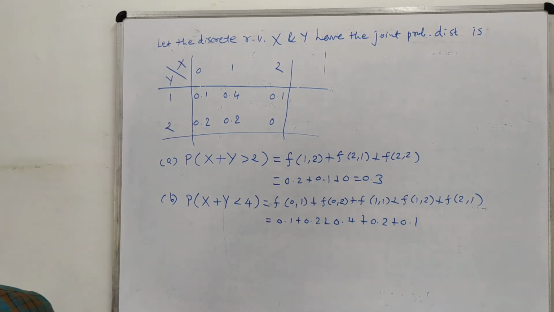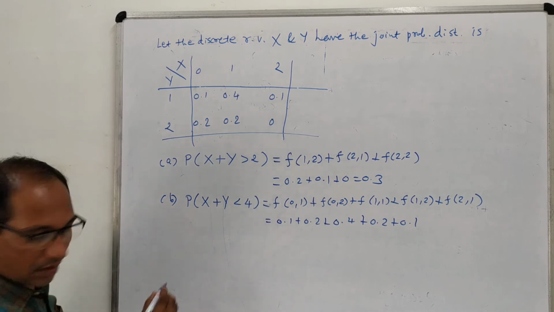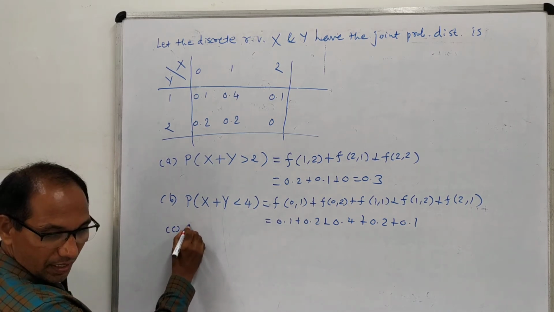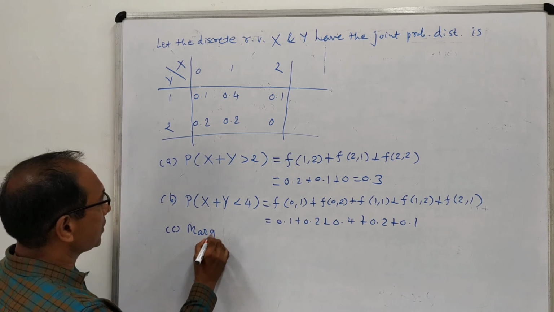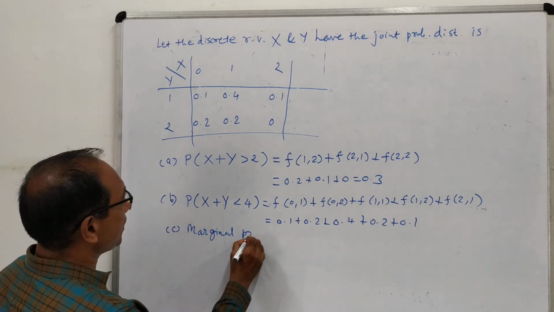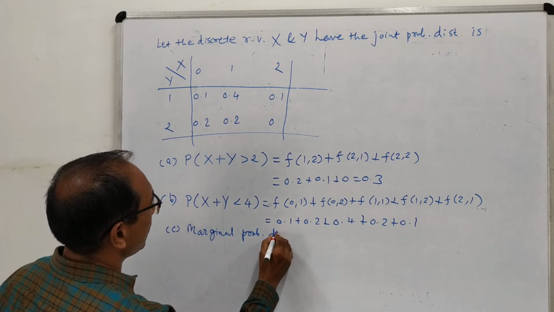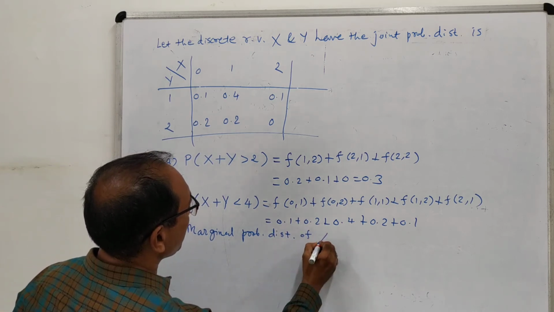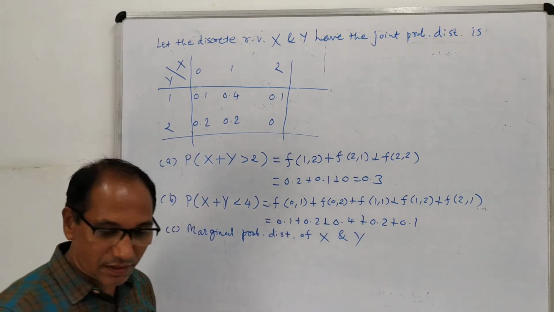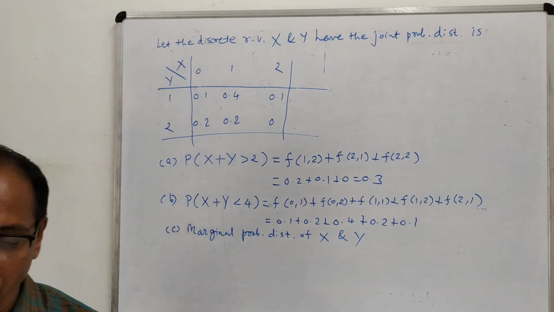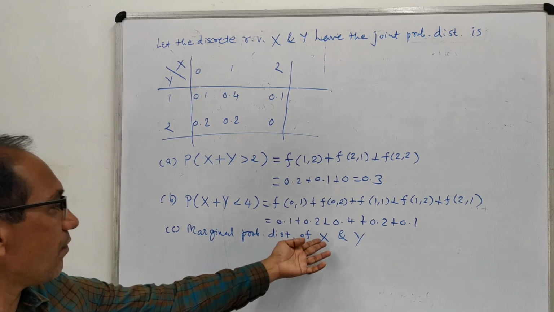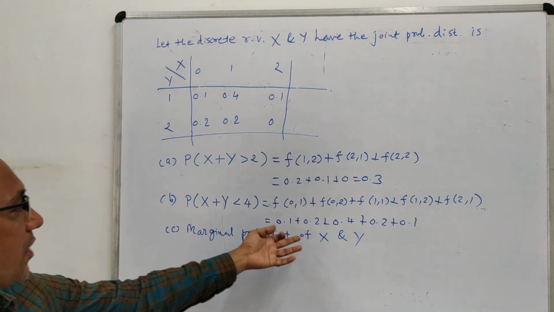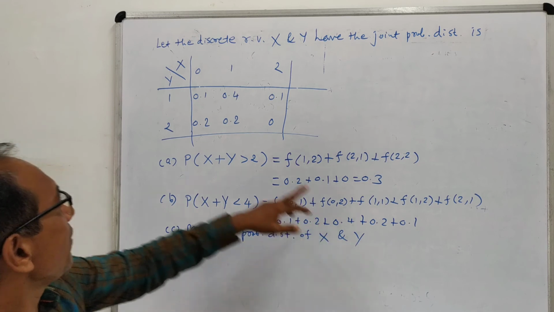Now the other question, C. Find out the marginal probability distribution of capital X and capital Y. Actually, in examination, only a particular value of capital X or a particular value of capital Y may be asked.